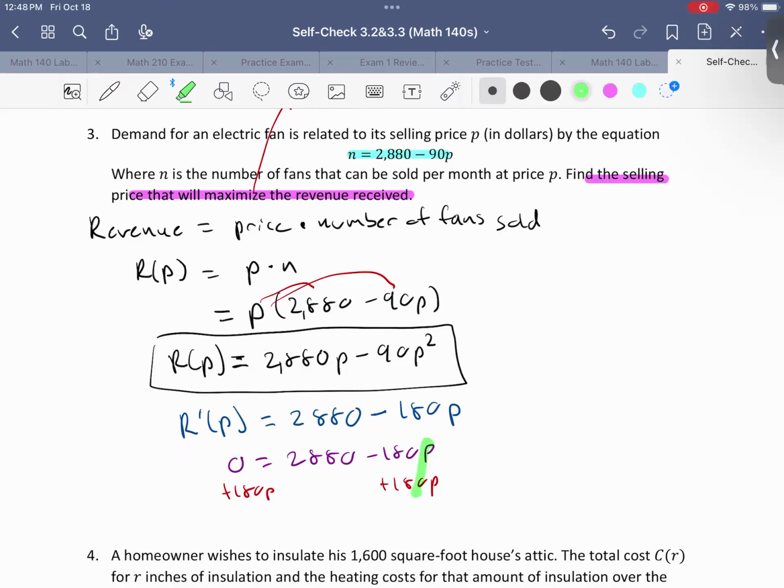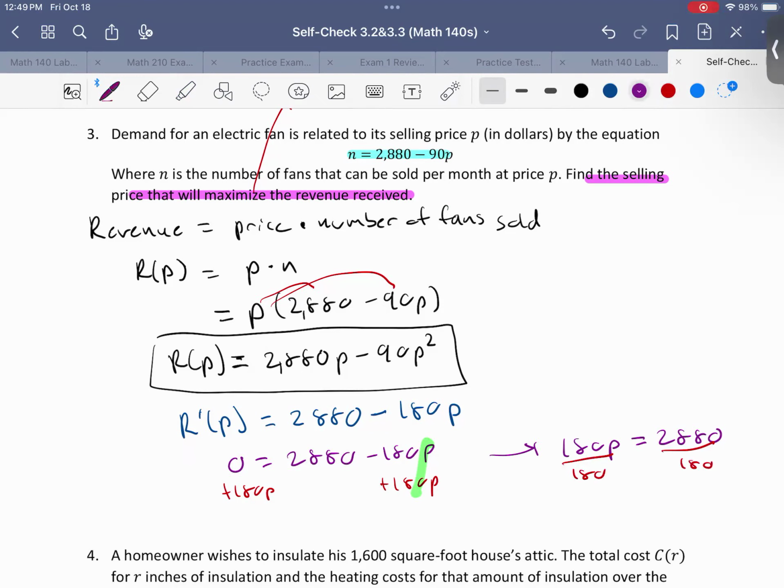That cancels out. And so I'm going to move the work over here. But what I end up with is 180P equals 2880. Then I'm going to divide by 180 on both sides.